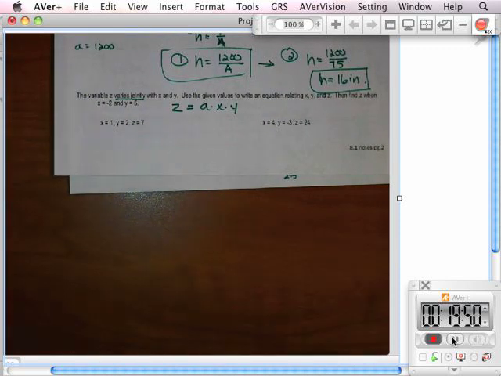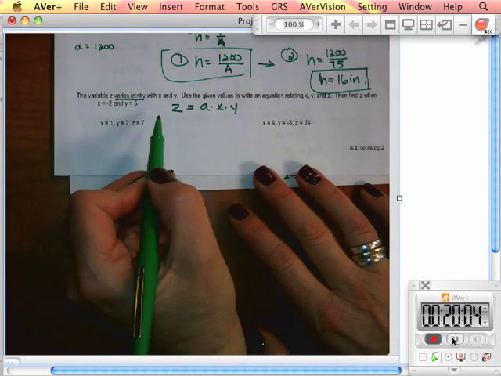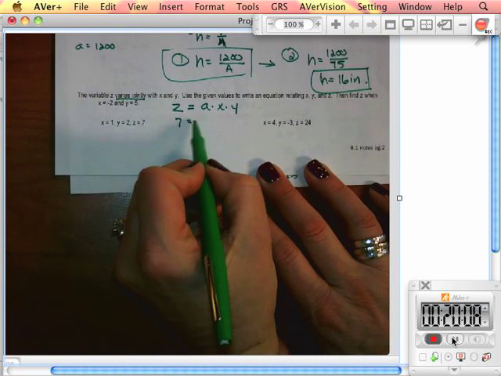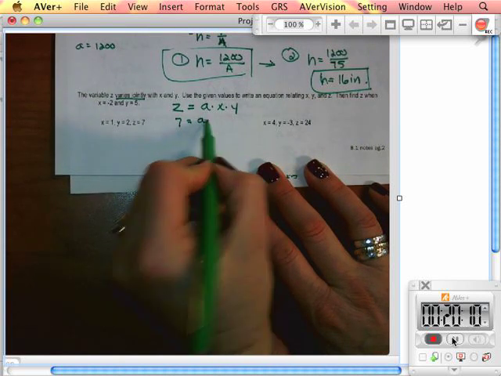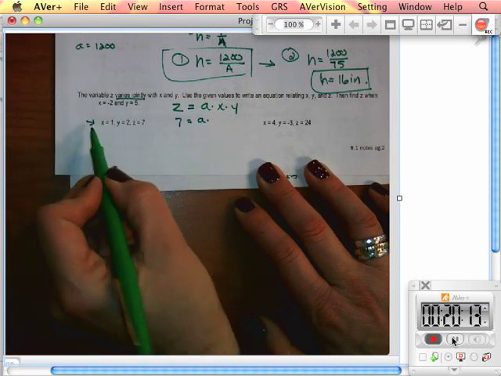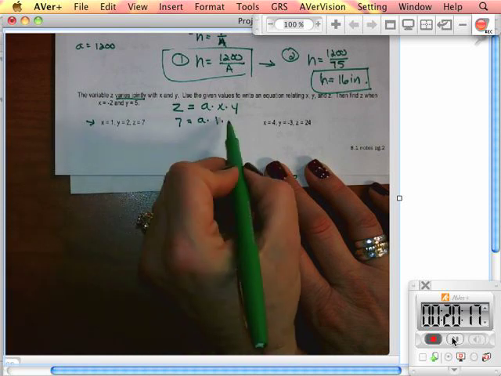In order to do this, I have to solve for what? A. I got to figure out what A is going to be. So I'm going to plug in what I know. I know z is 7 for this. X is 1, and y is what?